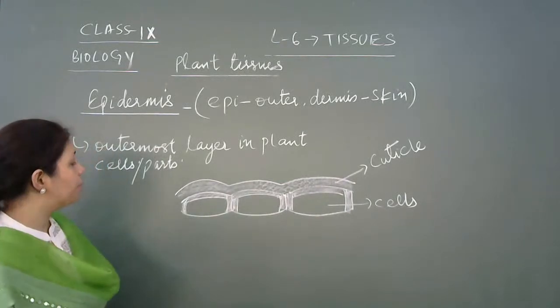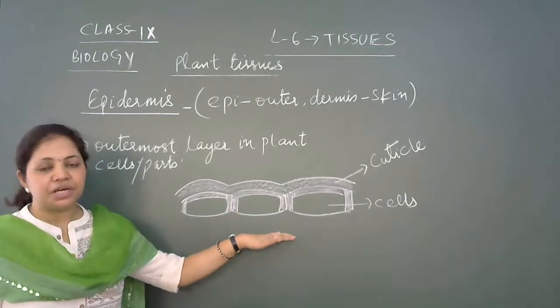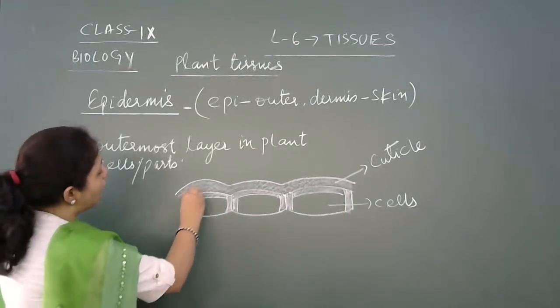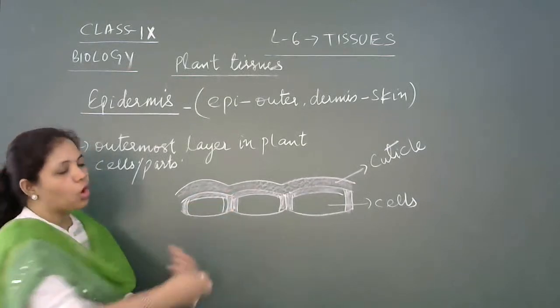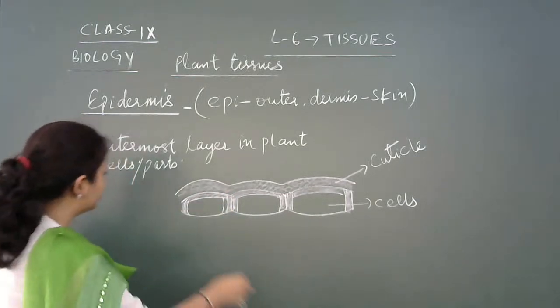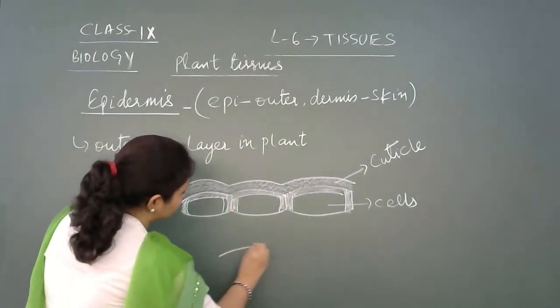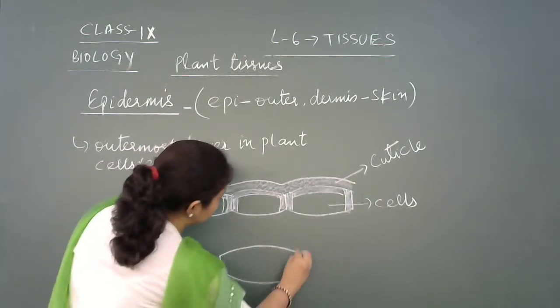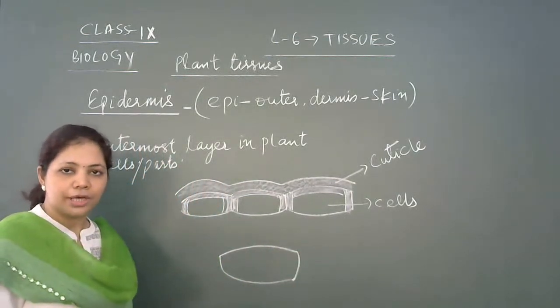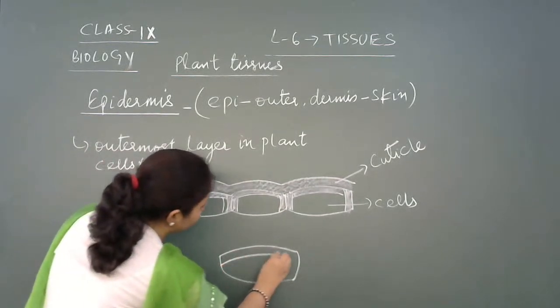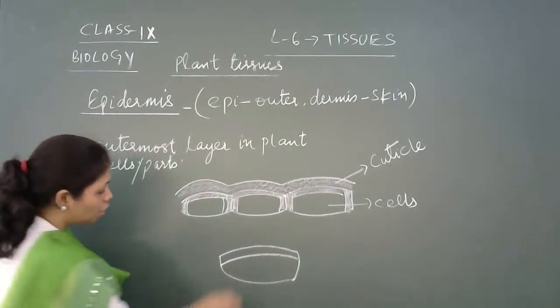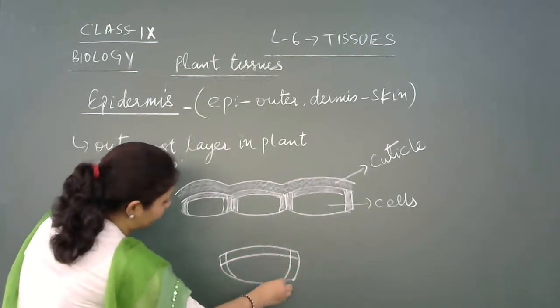Second thing you have to remember is that in case of epidermis, the outer side and the lateral sides, which we also call radial sides, means we just take a single cell. Say for example, this is a single cell of epidermis. Okay, तो epidermis की जो cells होती है उसकी जो outer side है और जो lateral sides है like this.